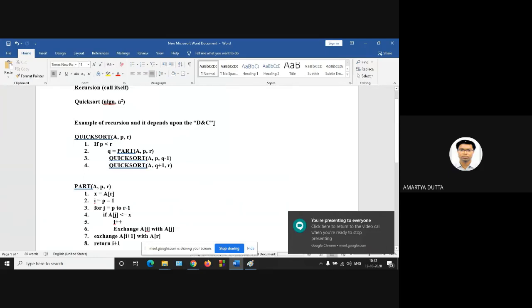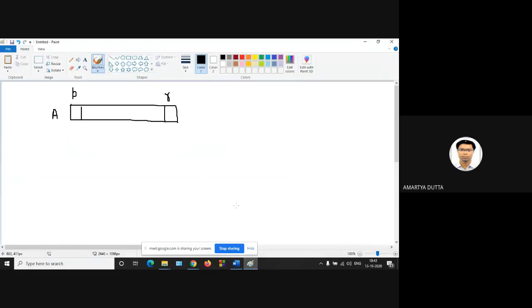So this depends upon the divide and conquer approach. What is divide and conquer approach? You have to divide the whole problem of size n into two halves. Each subproblem will be of size n by 2.